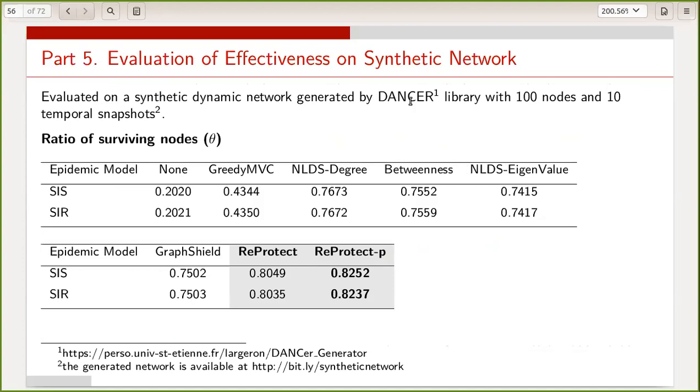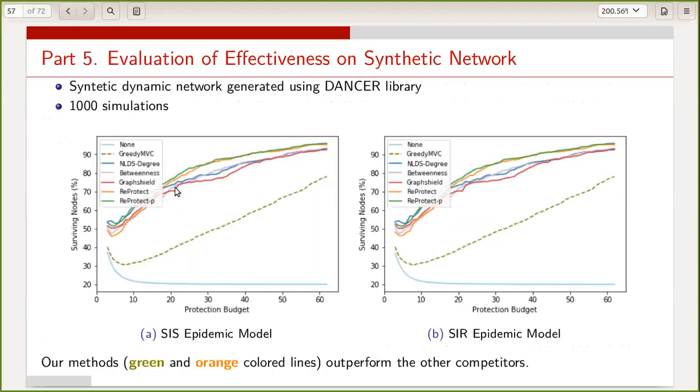This one is on a synthetic network generated by a tensor library on temporal snapshots. Our proposal, we call it ReProtect, reinforcement learning protection. We can beat the other methods. And if we see here, our proposal called ReProtect, and ReProtect P is also our proposal, but we introduce the perturbation.